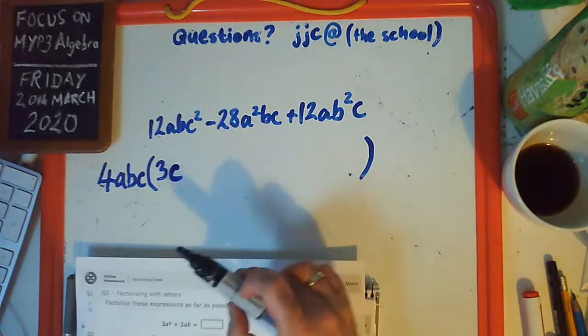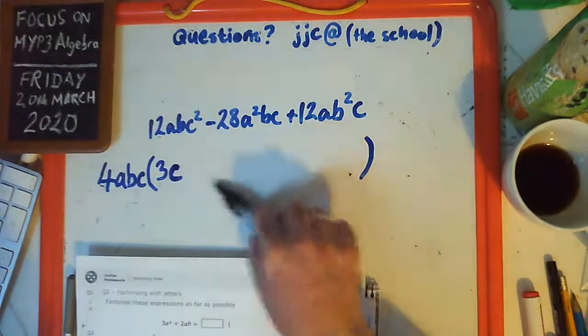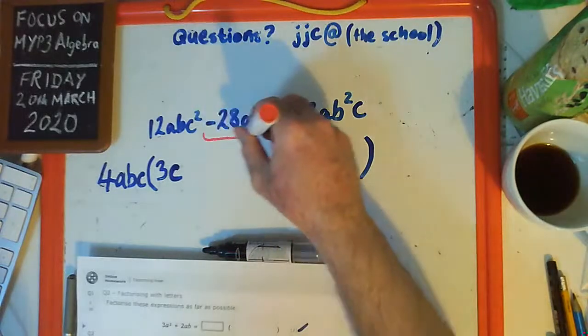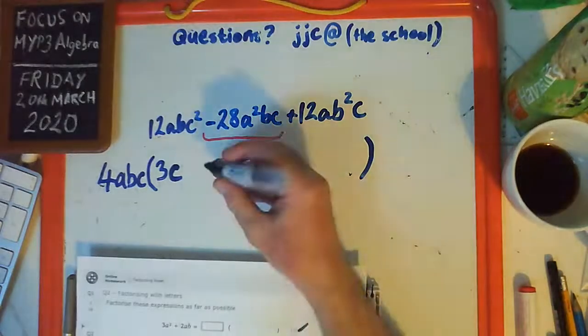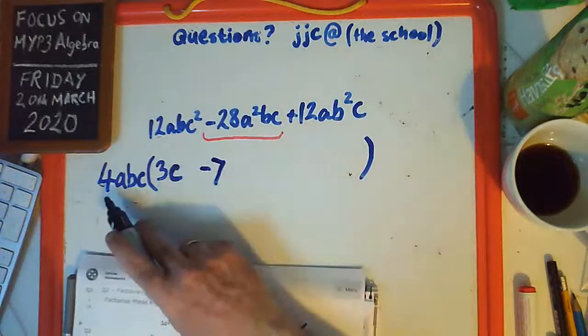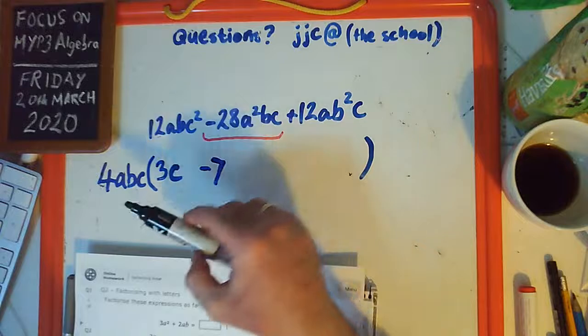Then I'm asking myself the question, 4abc times what inside the brackets will give me, remember that's a minus 28a squared bc. So I'm going to have a minus 7 there so that 4 times minus 7 gives me the minus 28.